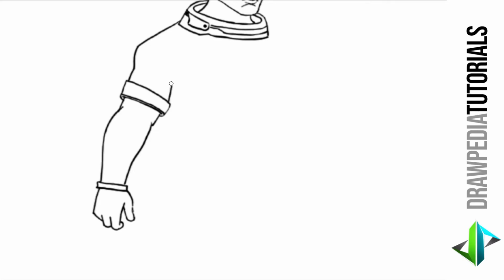Now back to his outfit, a curved line up from the inner line of the arms right there, and from that point I'm gonna draw a curved line up to that point right there.